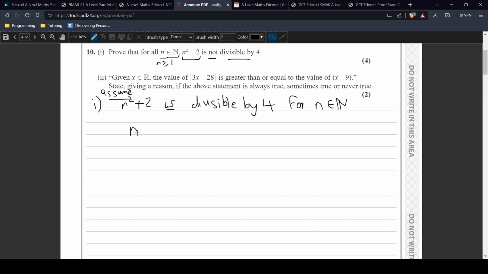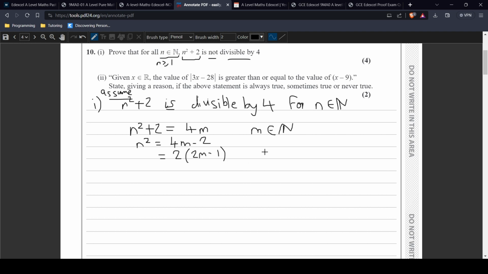So if this is the case, then we can write n squared plus 2 is equal to 4 times m, where m is some natural number. Just rearranging this, we get n squared is equal to 4m minus 2. Let's factor out the 2, so we get 2 times (2m minus 1).